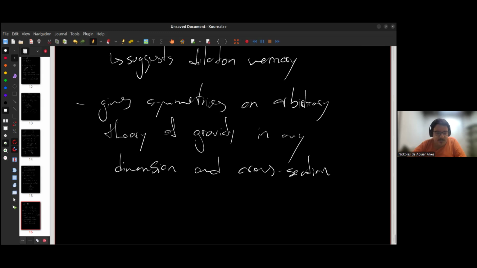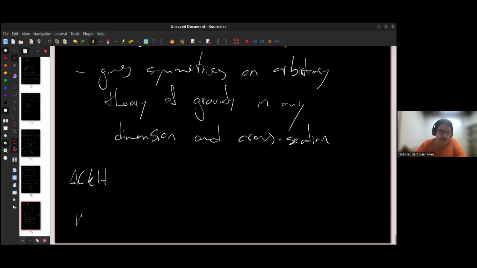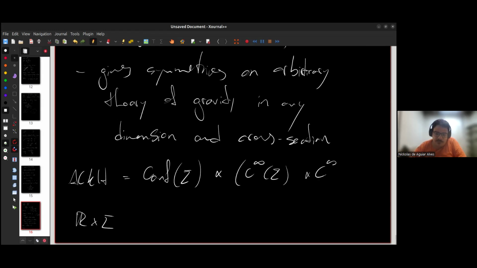So for instance, the asymptotic group in a more general case, in which my horizon has the form r times sigma, is just going to be the conformal group on this cross-section sigma times functions on sigma. And this is perfectly well defined as long as you're working with asymptotic conformal horizons, regardless of what exactly this cross-section is.